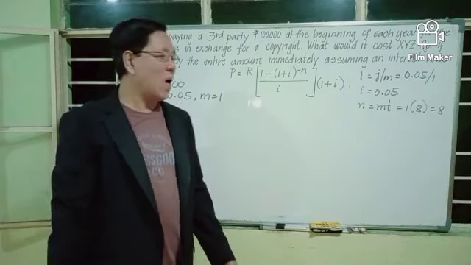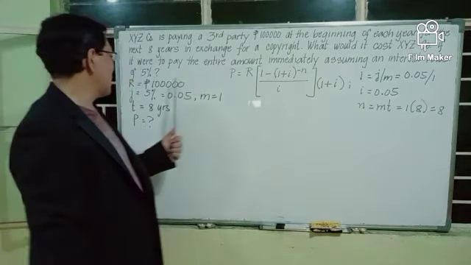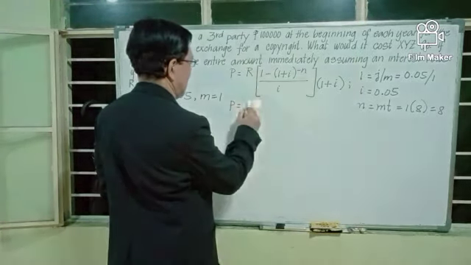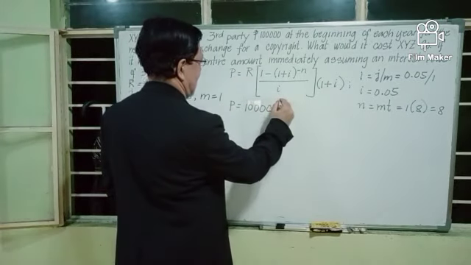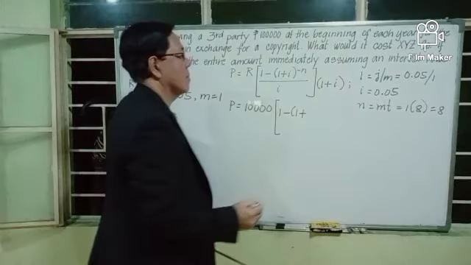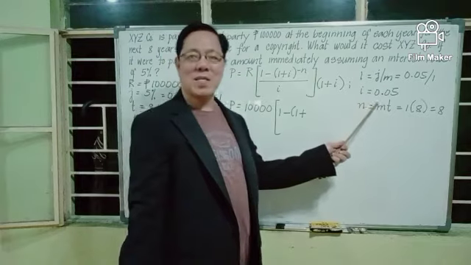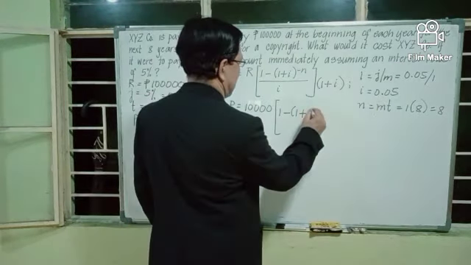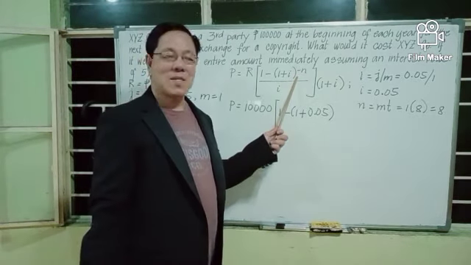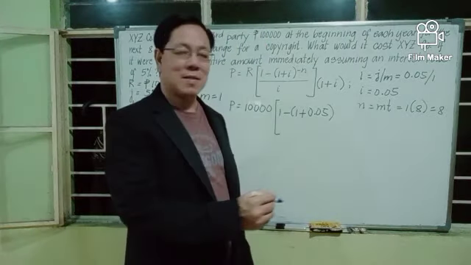Calculate the present value of this annuity due in our example. R is equal to 100,000 pesos. Our small I, the interest rate per year or per period, is 0.05, raised to the power minus N, where N is equal to the number of payments, 8.